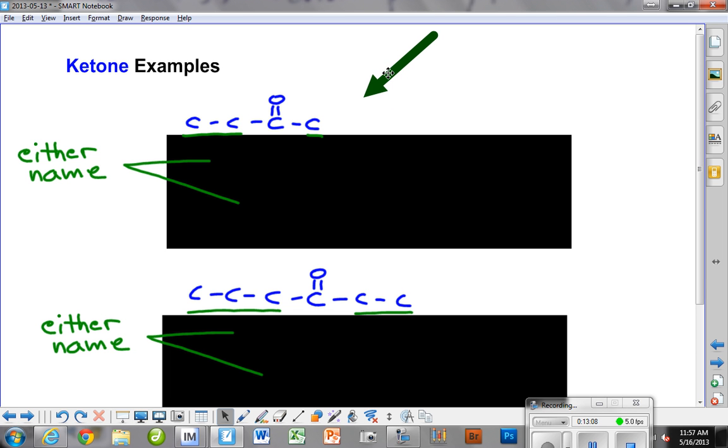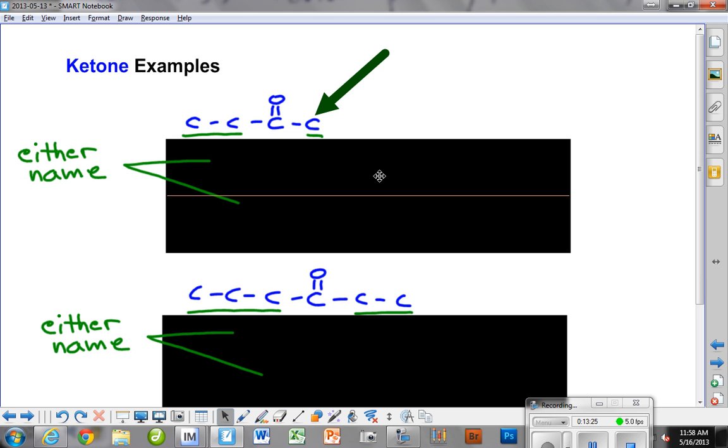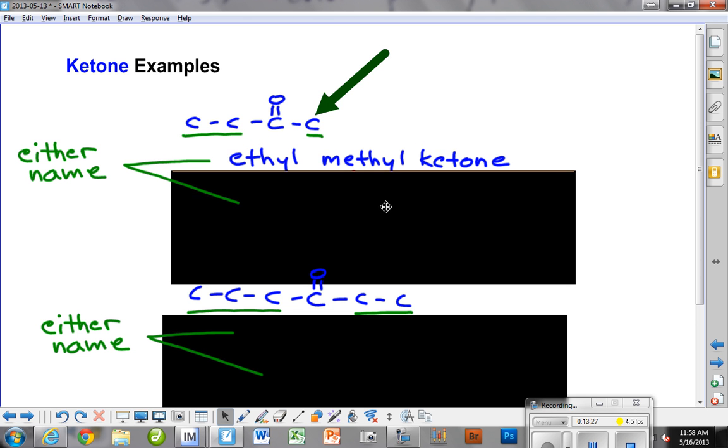And since this is a ketone, we can name it in 2 different ways. Now, if I look at the carbonyl group, this guy right here, as being my longest chain, and think of these guys, which I've underlined in green, as being their substituent, then it becomes real logical to think of this as ethyl methyl ketone. Ethyl for this guy, see, 2 carbons. Methyl for this guy, only 1 carbon. And it's a ketone because this carbonyl group is in the middle.